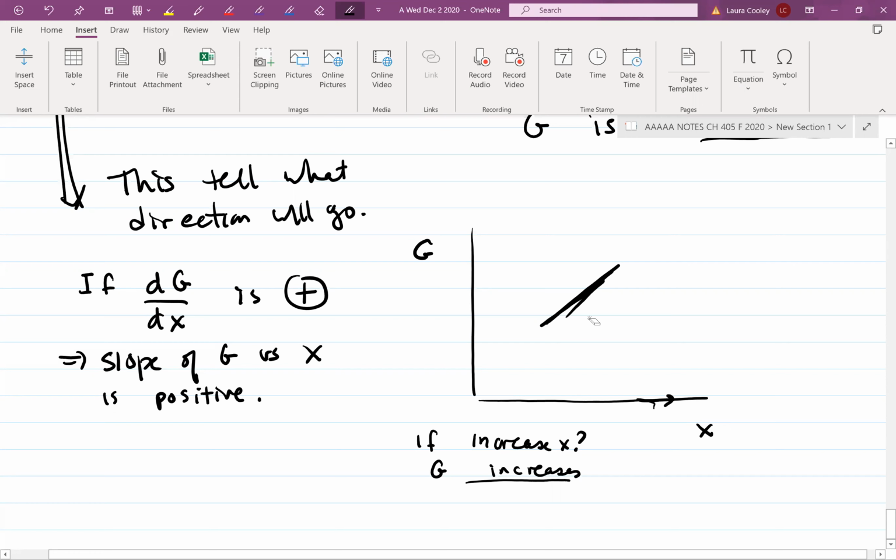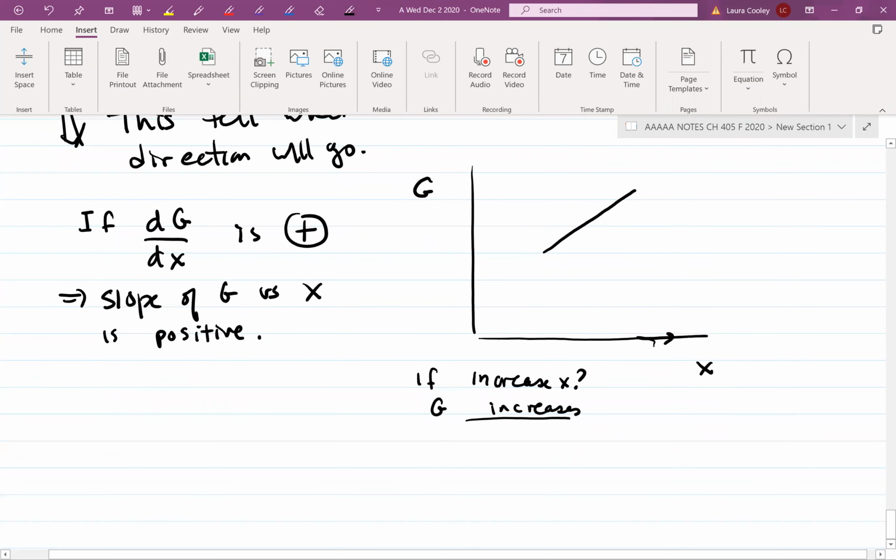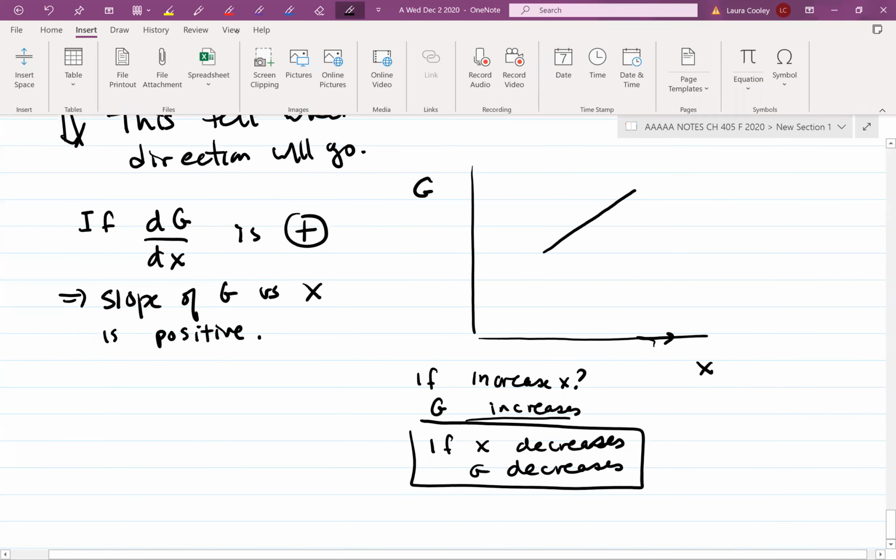So by the second law, what's actually going to happen here? If X increases, G increases. If X decreases, G decreases. Well, that's what's going to happen because G is going to decrease. This happens spontaneously.